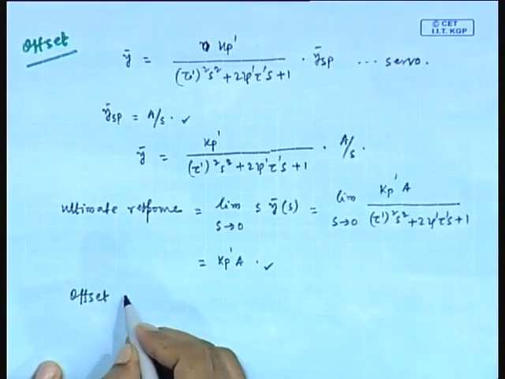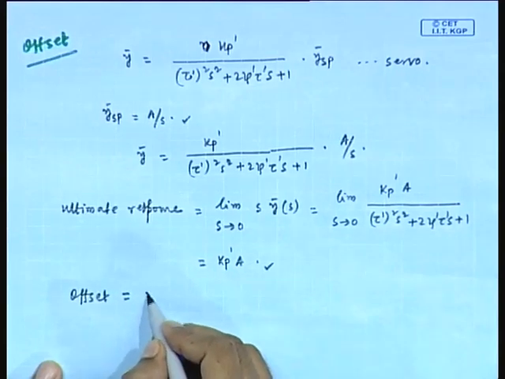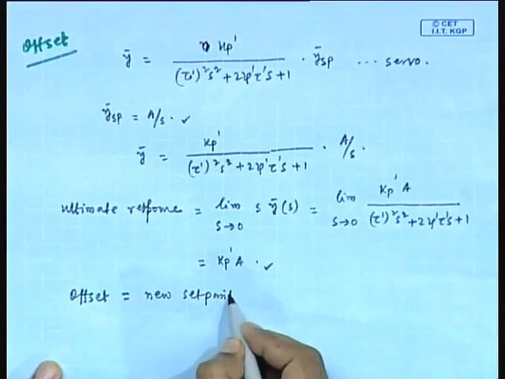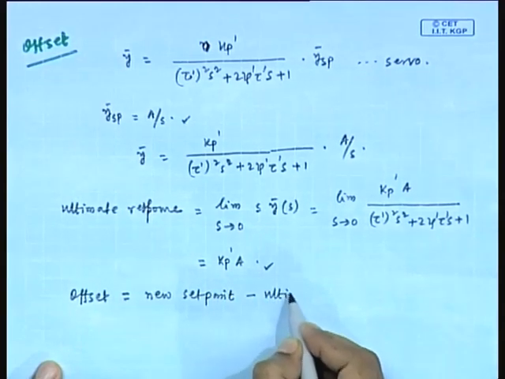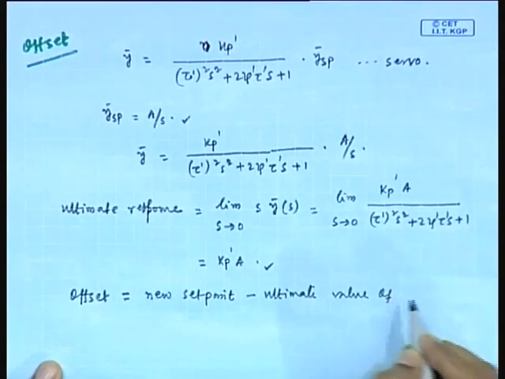We know the offset equals the new set point minus the ultimate value of the response.